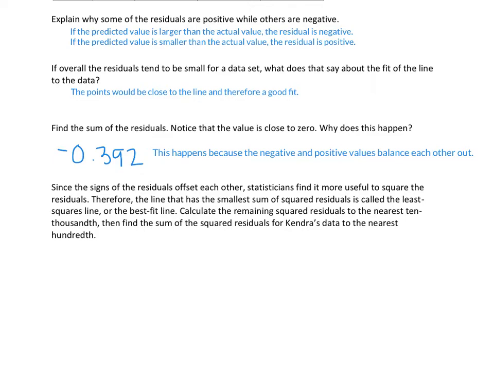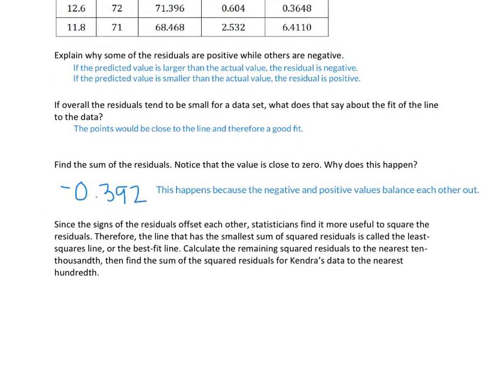Since the signs of the residuals offset each other, statisticians find it more useful to square the residuals. Therefore, the line that has the smallest sum of squared residuals is called the least squares line, or the best fit line. Calculate the remaining squared residuals to the nearest 10,000th, then find the sum of the squared residuals for Kendra's data to the nearest 100th.